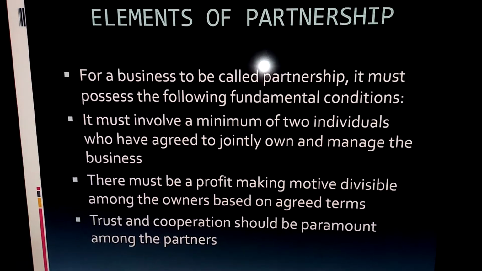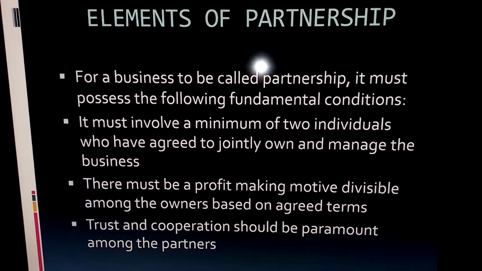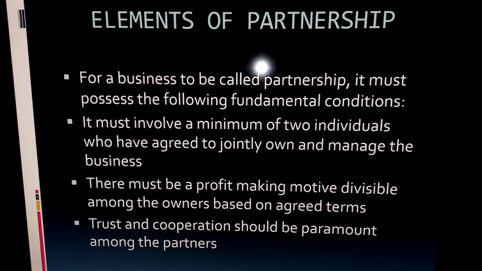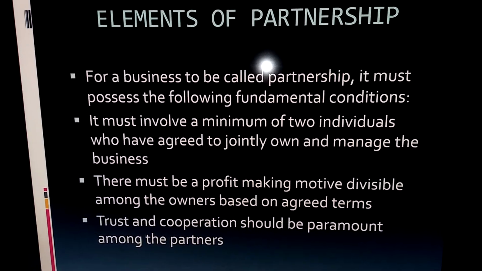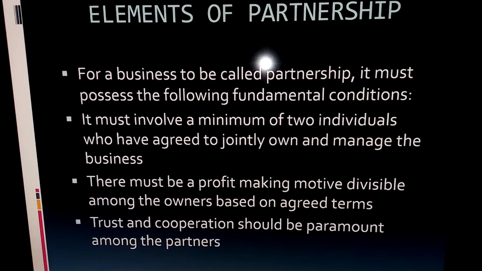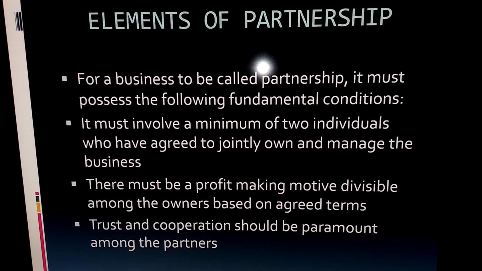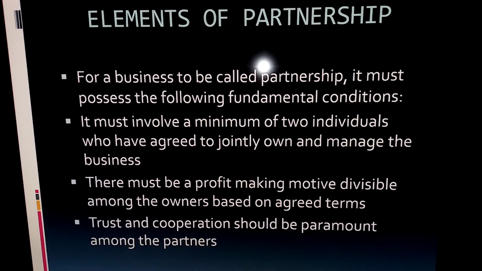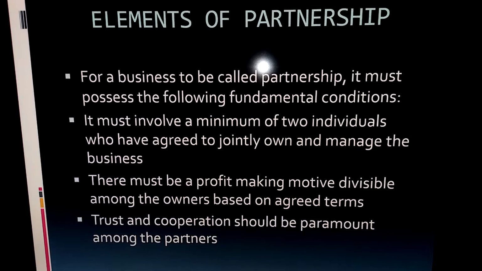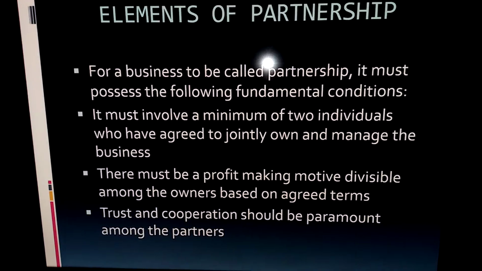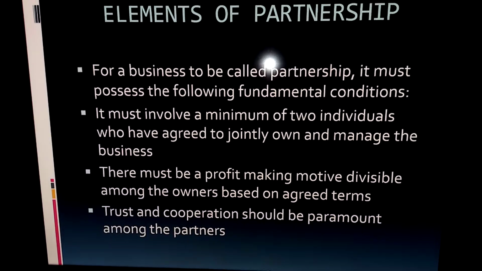Now, elements of partnership. For a business to be called partnership, it must possess the following fundamental conditions. So what I'm trying to say is, for you to say a business is partnership, it must have the following elements. One, it must involve a minimum of two individuals who have agreed to jointly own and manage the business.